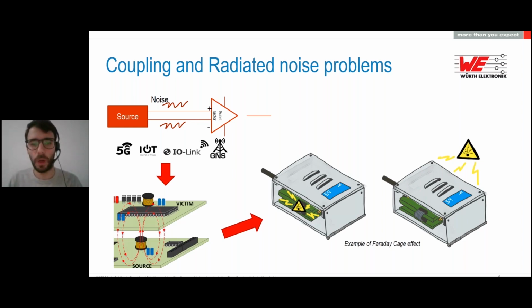One way of doing it is creating a Faraday cage effect. Here on the right side, we have the normal use for the housing, the behavior of the housing as a Faraday cage. In this case, we have two examples.